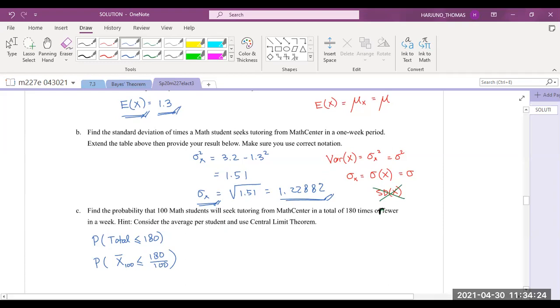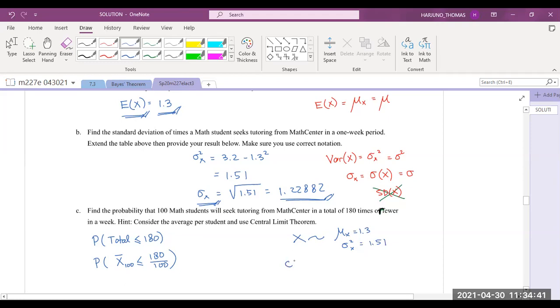Now, here's what happened. The x is not normally distributed. The x has only the mean mu of 1.3 and the variance 1.51, right?